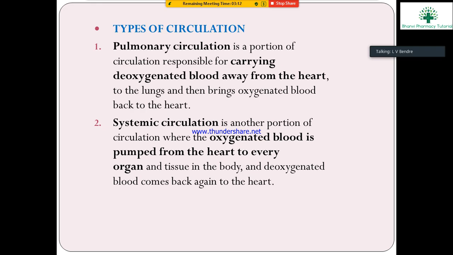Next, systemic circulation. In systemic circulation, oxygenated blood is pumped from the heart to every organ and every cell of the body.